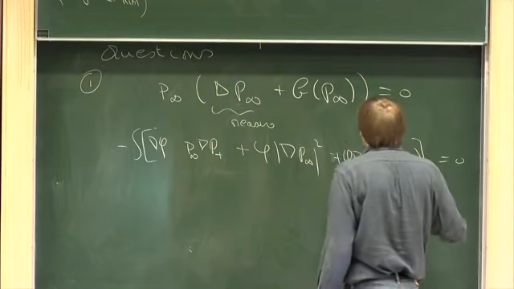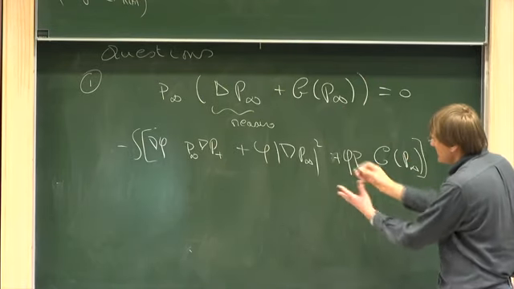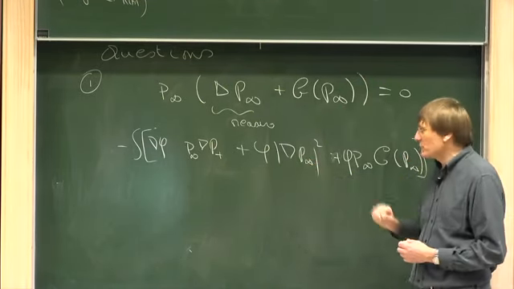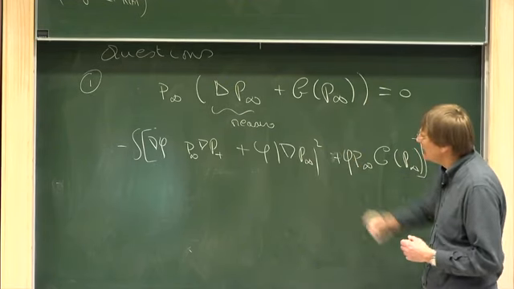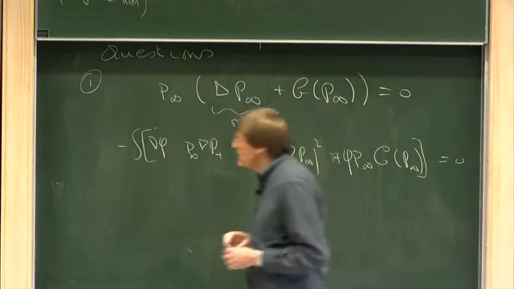So this you can write, and this makes sense. This weak formulation, the distributional sense, makes sense because this is an object which we said is in L2.